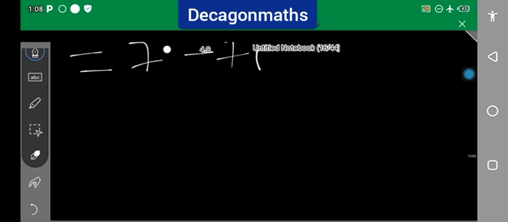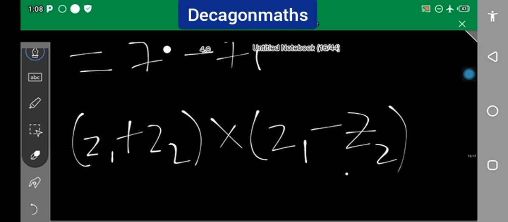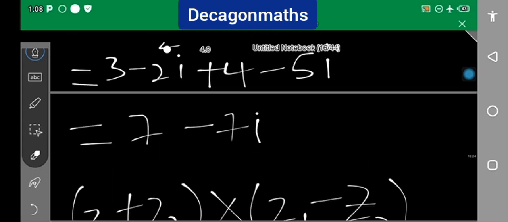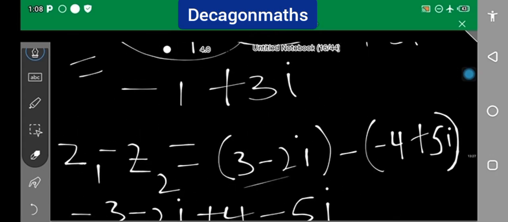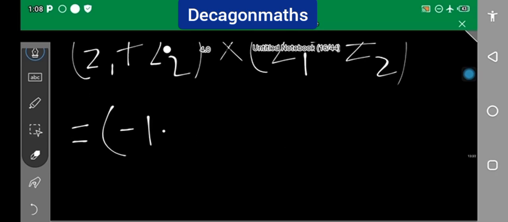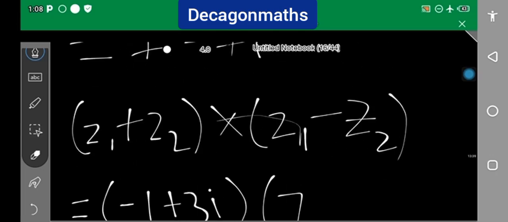Then we can now move on to do the product of Z1 plus Z2 multiplied by Z1 minus Z2, which equals our result of Z1 plus Z2. Let's check. We have minus 1 plus 3i multiplied by 7 minus 7i.